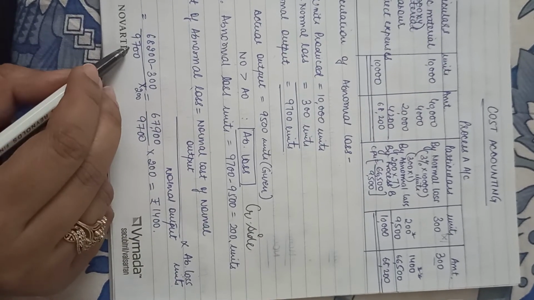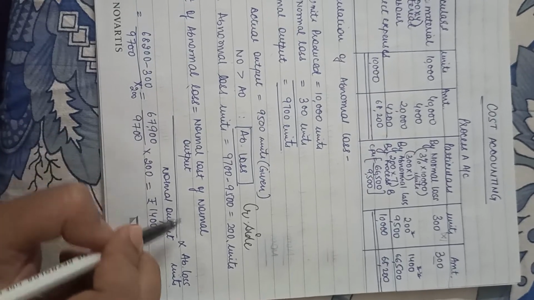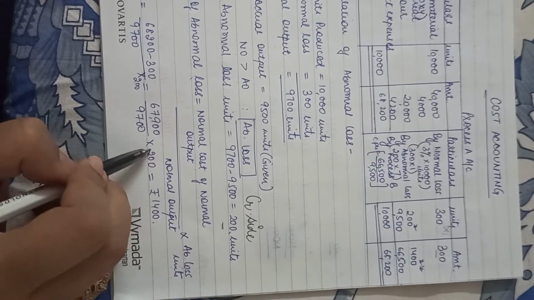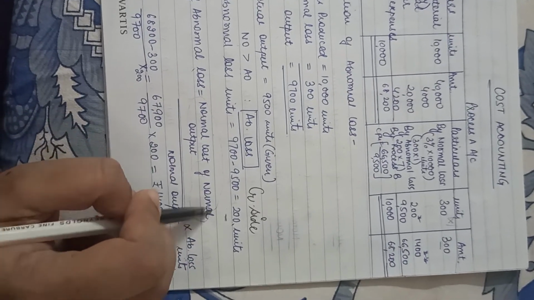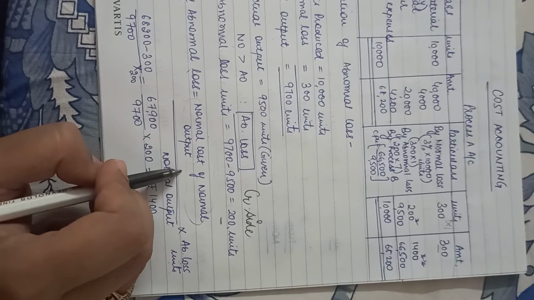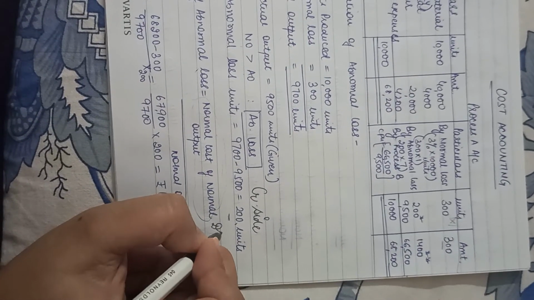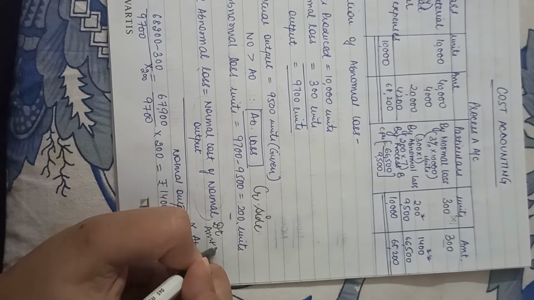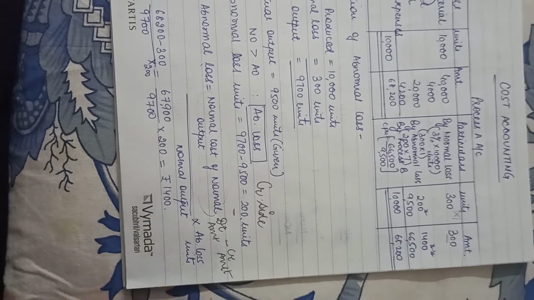Normal output is 9700 into abnormal loss units. You have just calculated 200 units, right? Now, the basic question we always ask is how to calculate the normal cost of normal output. I'm giving you a major hint: debit side amount minus credit side amount.